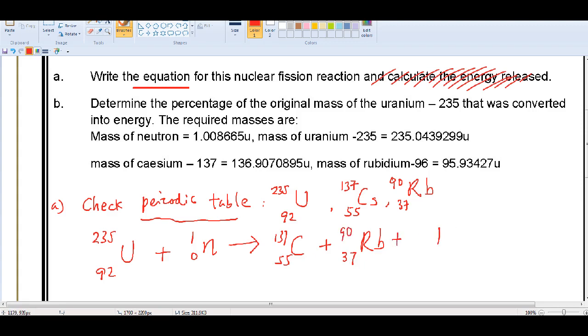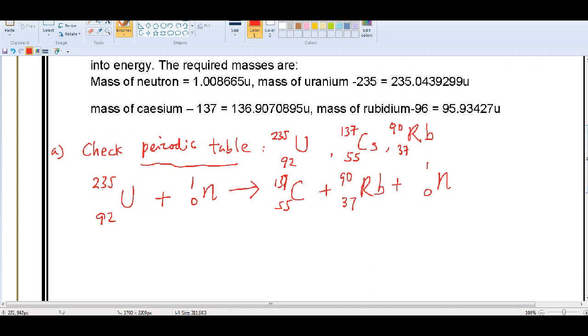You also know that there are some other neutrons. So how many neutrons do we have here? When you add the atomic numbers, you see that it should be okay: 92 plus 0 is 92, and 55 plus 37 is 92. So there's no problem with the atomic number.